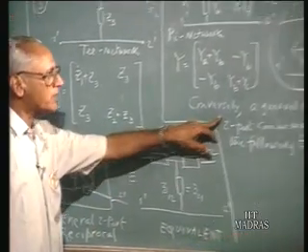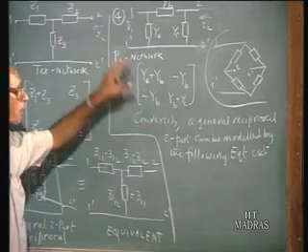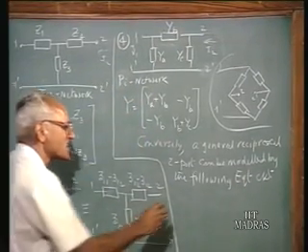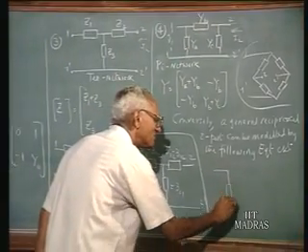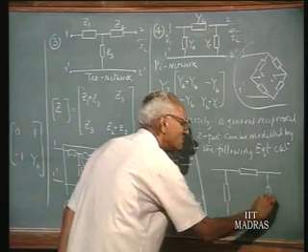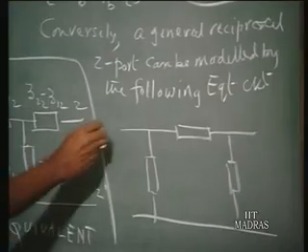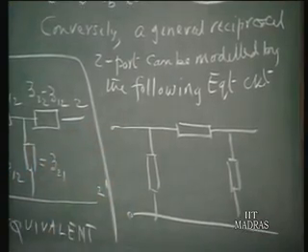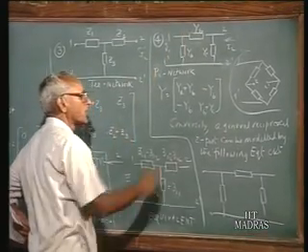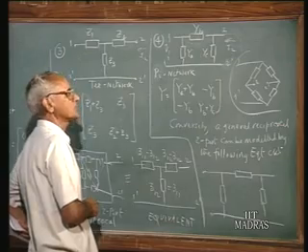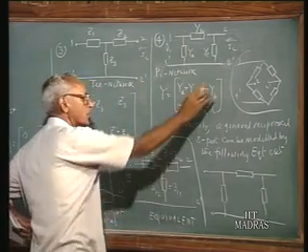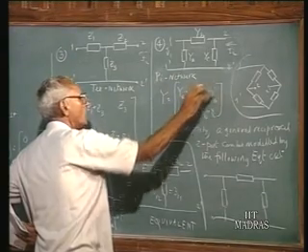Similarly, when you have a general reciprocal two-port network, we can find the equivalent circuit in terms of the Y parameters in this fashion. You observe that the shunt element here is minus of the series element, the series branch here as an admittance, which is equal to the negative of y12 or y21.